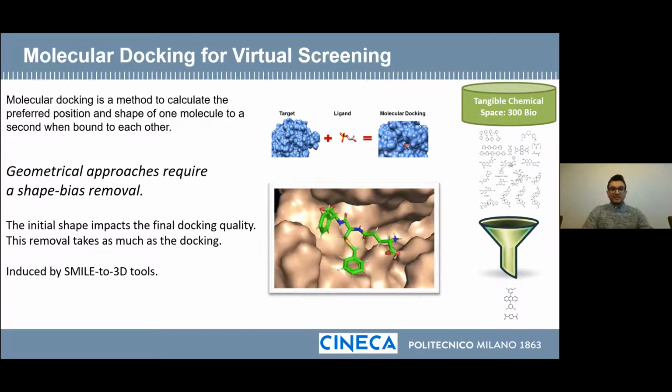So this can be defined as a type of shape bias, which must be removed in order to perform the molecular docking and have nice results in terms of quality. So with our work, we focused on just studying and improving the compound shape and actually not on the spatial position inside the protein pocket.